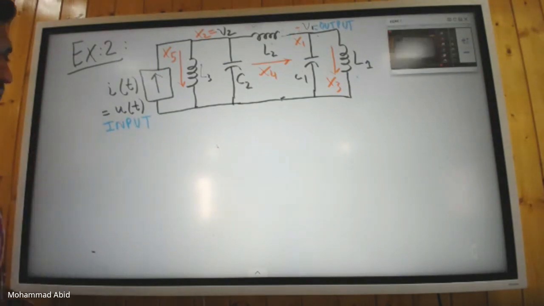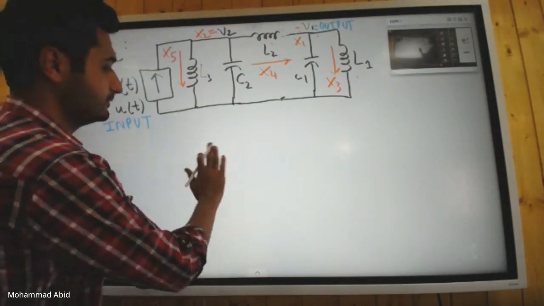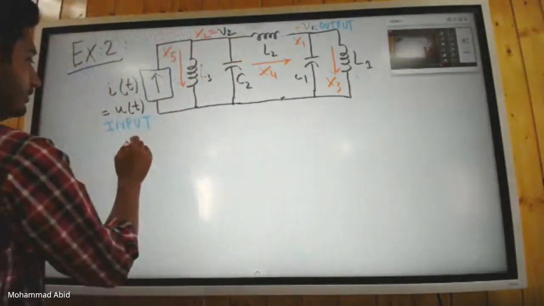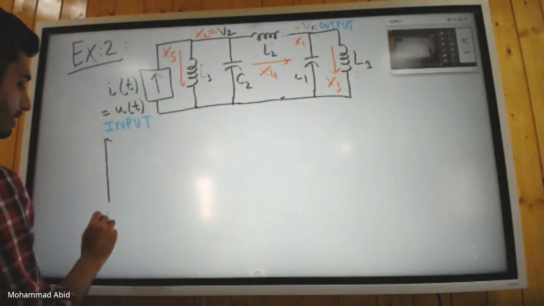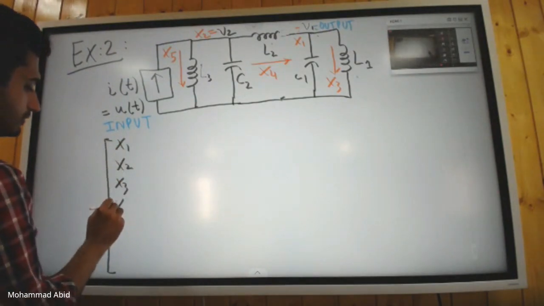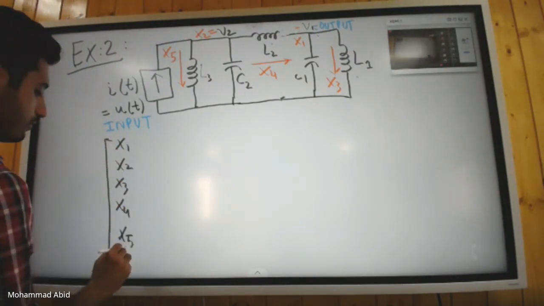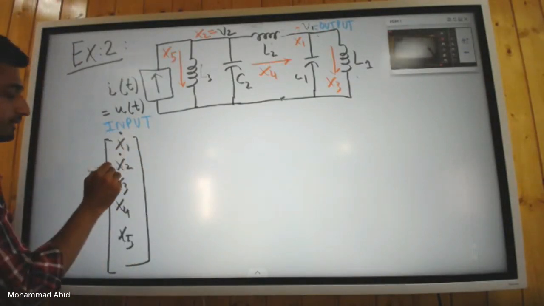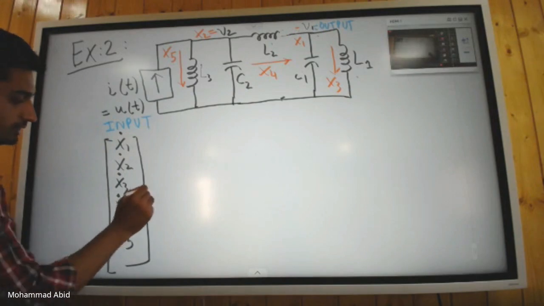So let's do this example together. First of all, just write the final structure of what the equations will look like. This will be X1, X2, X3, X4, and X5, and these are the dots, the derivatives of the states.